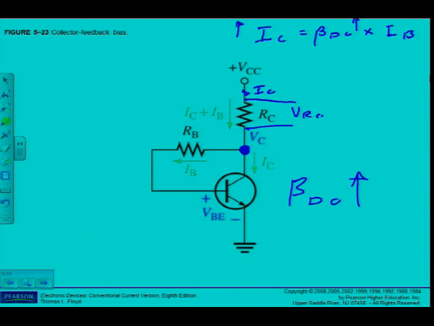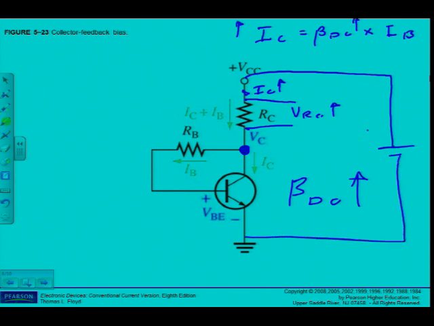Voltage, Ohm's law, V is equal to I times R. So if I increased, then VRC should also increase, no? If we look at the laws that we've learned, Ohm's law and Kirchhoff's law. So now we go back to Kirchhoff's law. Let's put that power supply back there where it belongs. Remember, I'm looking at this series circuit. VCC.